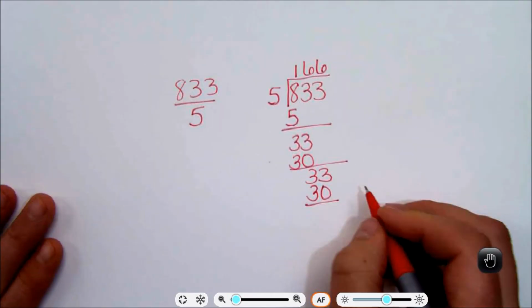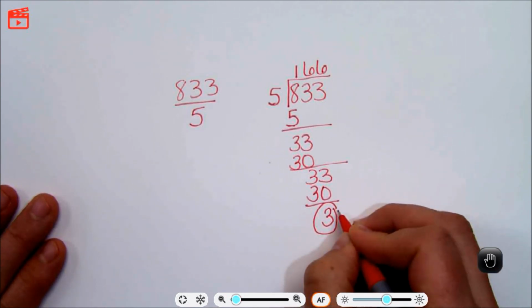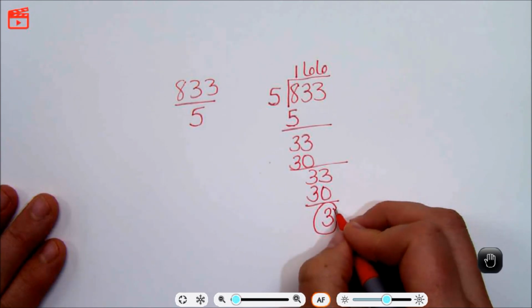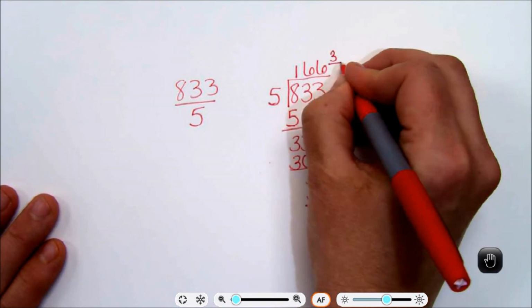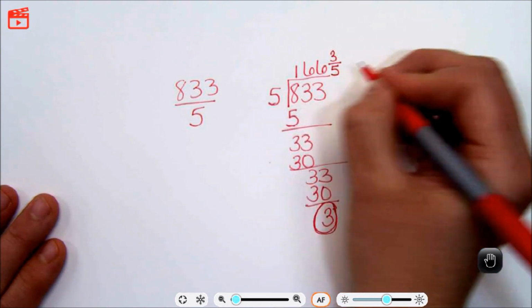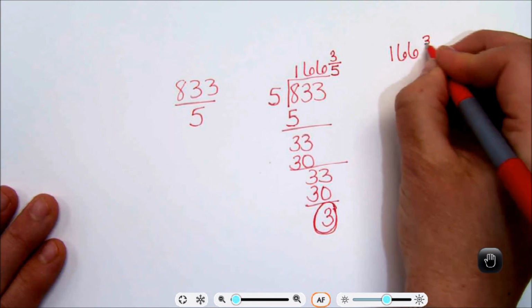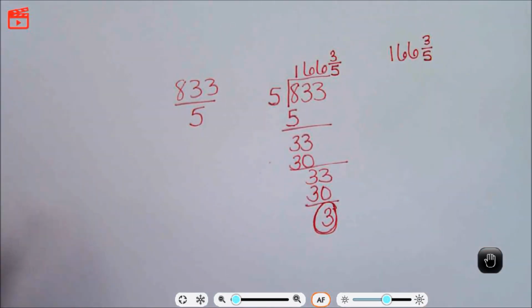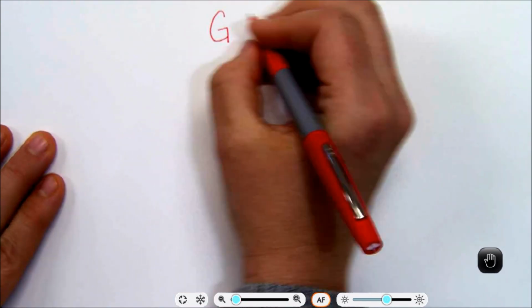So we have 166, and remember, we have a remainder of 3 comes up here as a remainder, and then we put the 5 as the denominator. So our answer is 166 and 3/5.